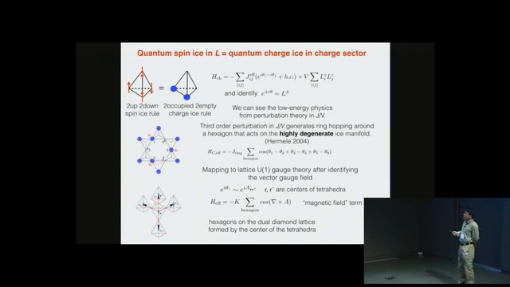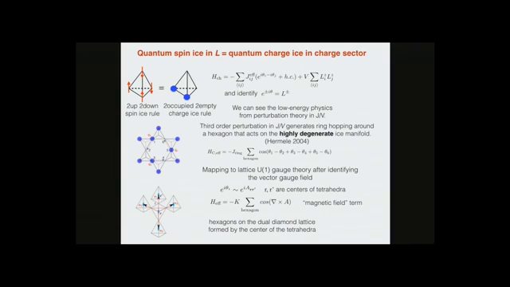This ring hopping Hamiltonian can be mapped into a lattice U(1) gauge theory if we identify this rotor variable as a vector potential for the U(1) gauge field. So this effective Hamiltonian becomes an effective magnetic field term on the dual diamond lattice, which is formed by the centers of the tetrahedrons.